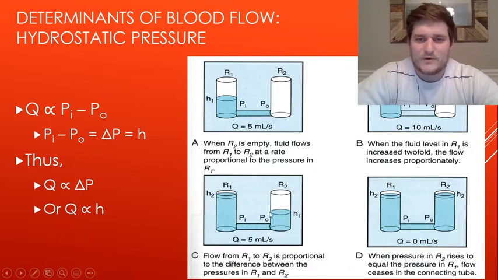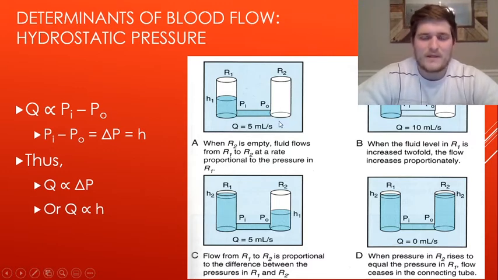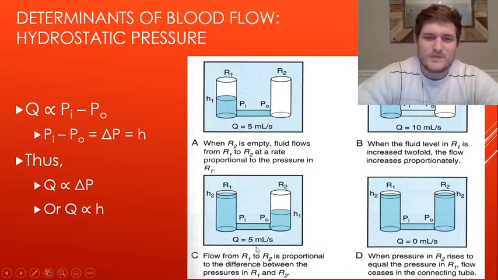Now, in figure C here, we see that we have doubled the height of the first column, except now we have also put fluid in this second column that is equal to about 1/2 the height of R1. So the flow is going to look very similar to how it did in figure A here, because even though that overall fluid has increased, when you look at the differences between these two, it is going to be the same.